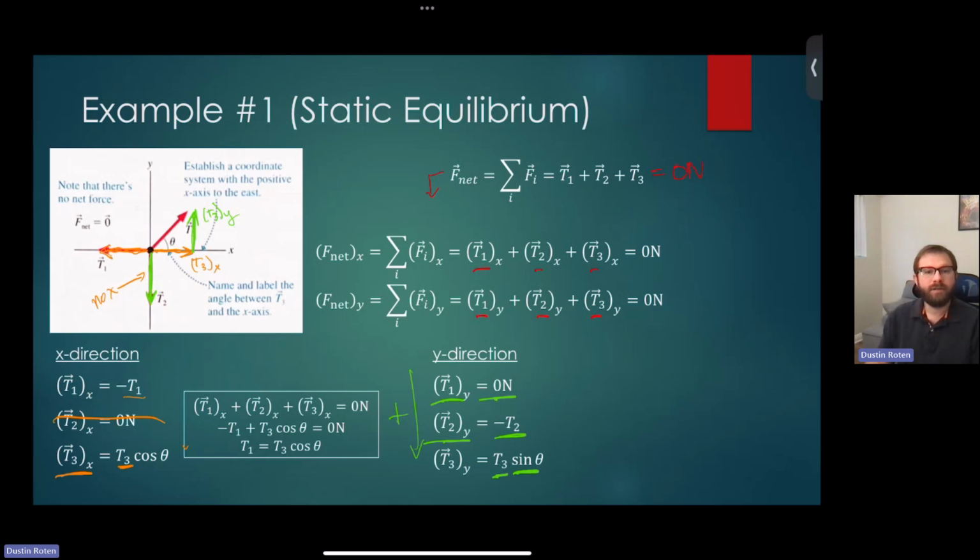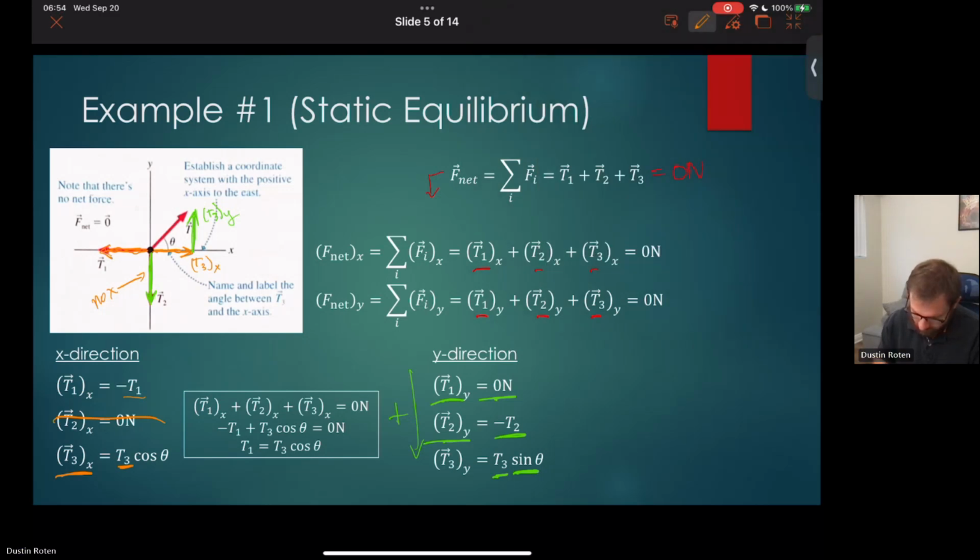All right, so I've done that here for the x direction first. You'll see that I have included all three pieces, T1, T2, T3, but again, T2 is 0, so that goes away. Now we just have the x component of T1 added to the x component of T3.